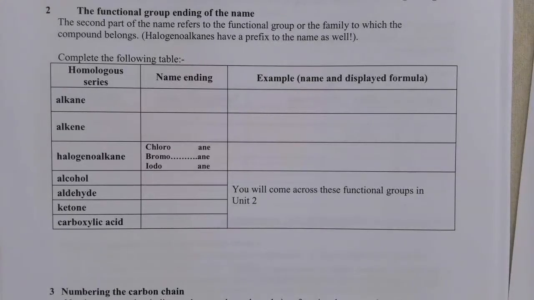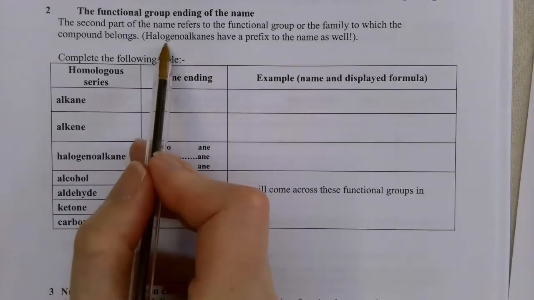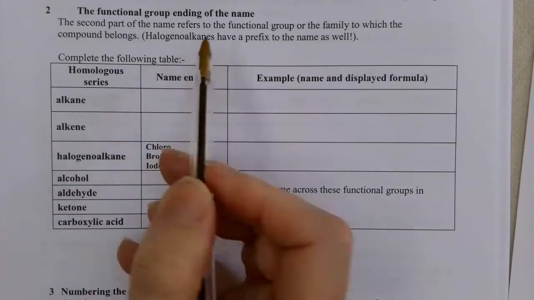So if the prefix gives us the number of carbons in the chain, the second part of the name refers to the functional group, the homologous series to which the molecule belongs. Now, just to be confusing, halogenoalkanes have a prefix to the name as well, and they can be thought of as a halogen and an alkane.